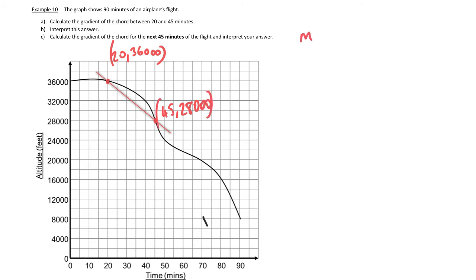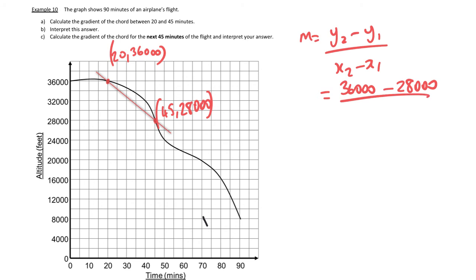So the gradient is y2 minus y1 over x2 minus x1, which is 36,000 minus 28,000 over 20 minus 45, which is 8,000 over minus 25, which is minus 320.